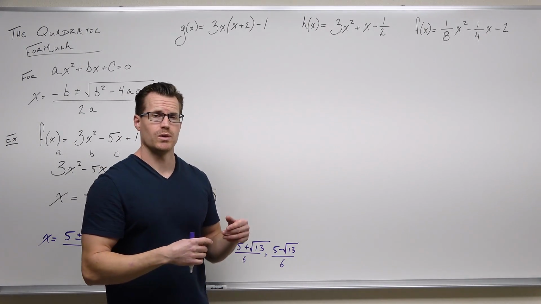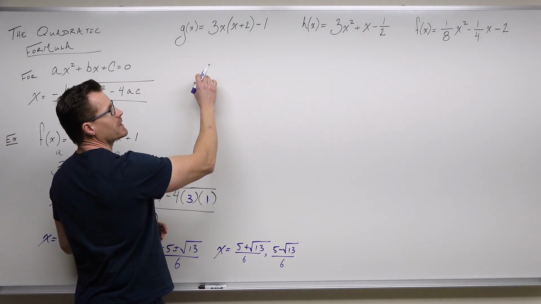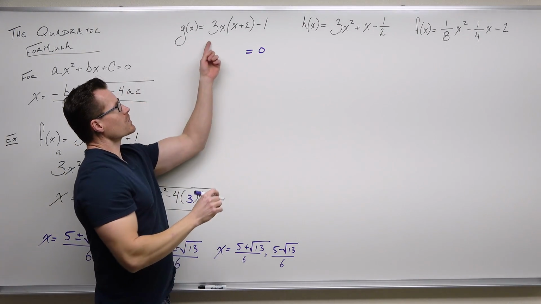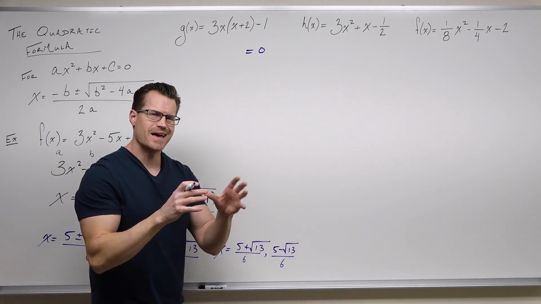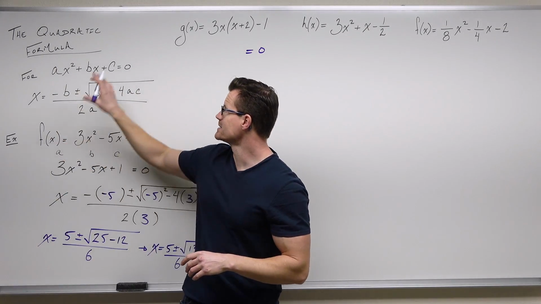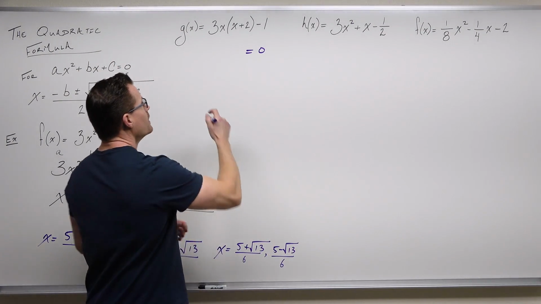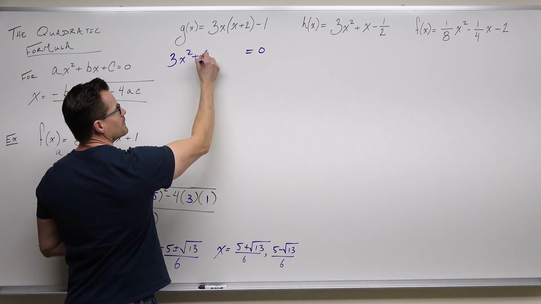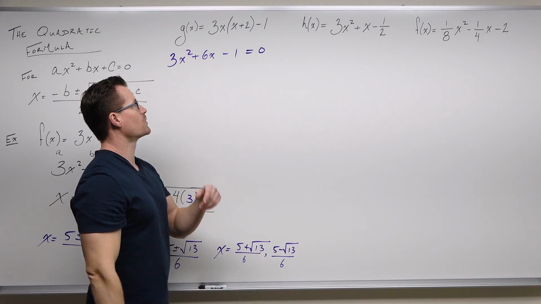So I know I'm going to have this equal 0, but I'm also going to distribute because I want to be able to find an A, a B, and a C, and that only happens if we have our quadratic in standard form. Don't distribute to the -1.